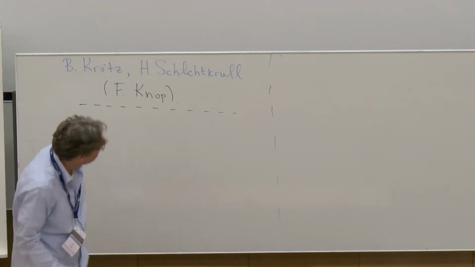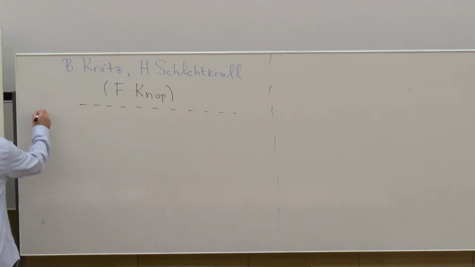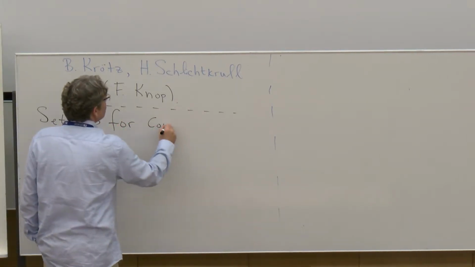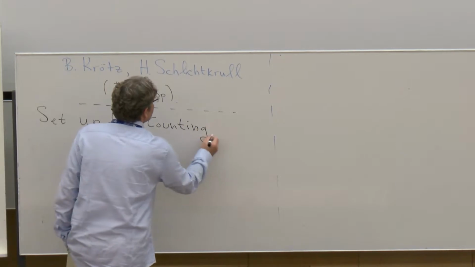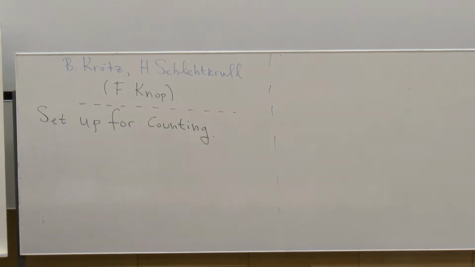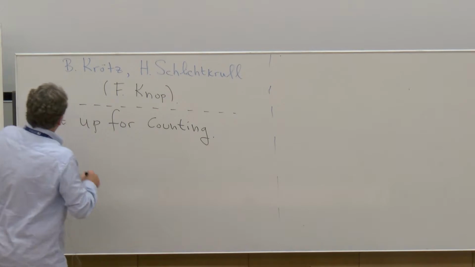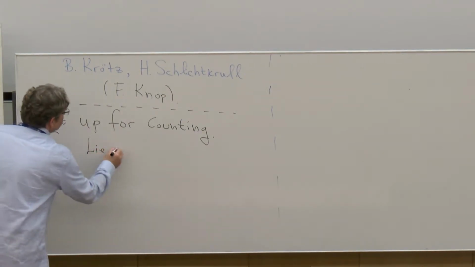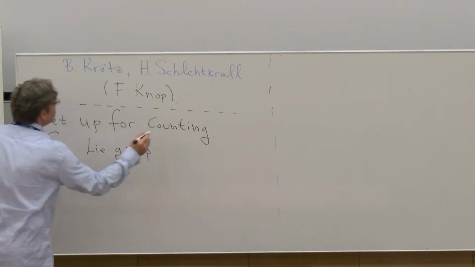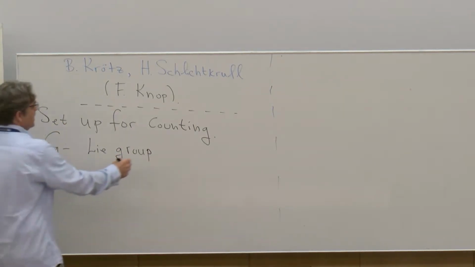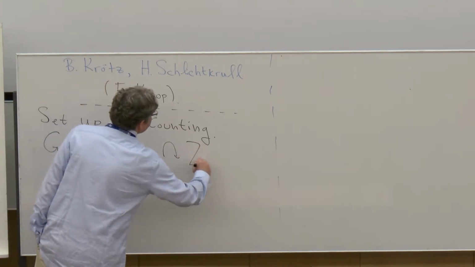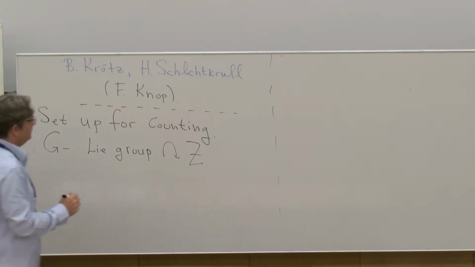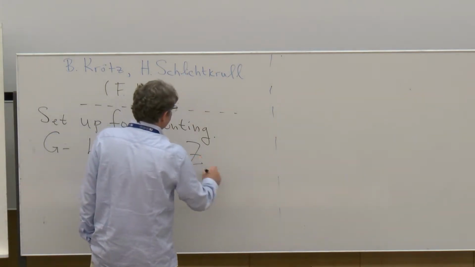So what is the setup? Let me start with the setup for counting. So what do we want to count? In principle, we think about G, which is some kind of a Lie group, and a space on which G acts, Z. For simplicity, we assume that the action is transitive.